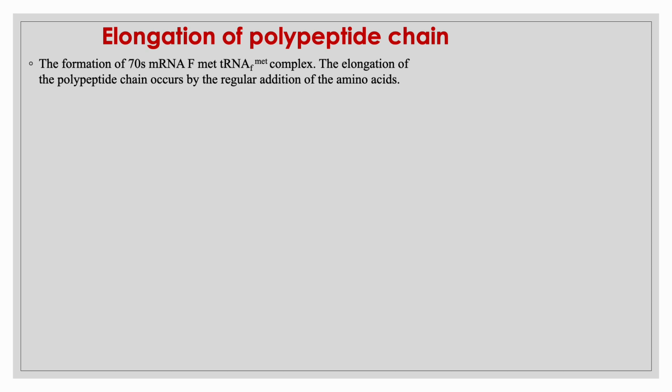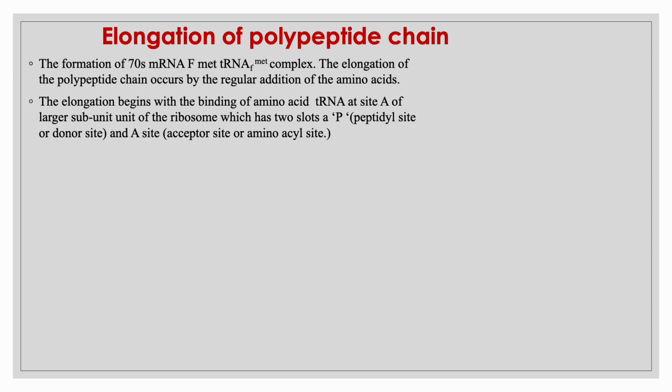The formation of the 70S mRNA F-met tRNA F-met complex and the elongation of the polypeptide chain occur by the regular addition of the amino acids.